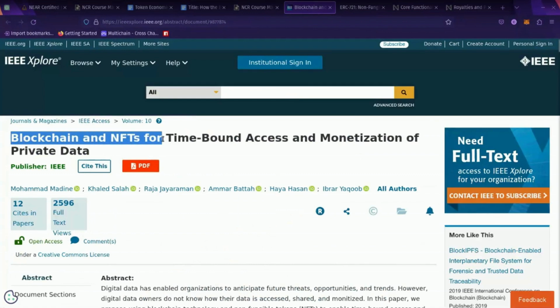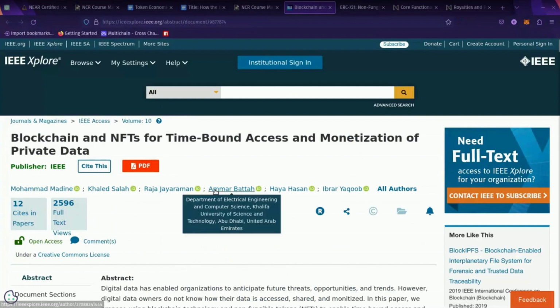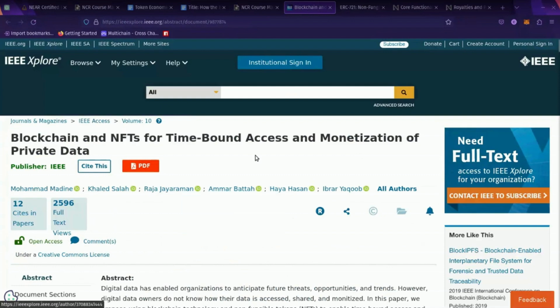This paper is called Blockchain and NFTs for Time-Bound Access and Monetization of Private Data. Kind of a mouthful, but all it's really talking about is the ability to use blockchain, for example NEAR protocol, and NFTs, which we're going to talk about today.